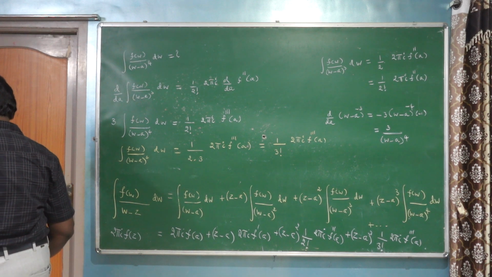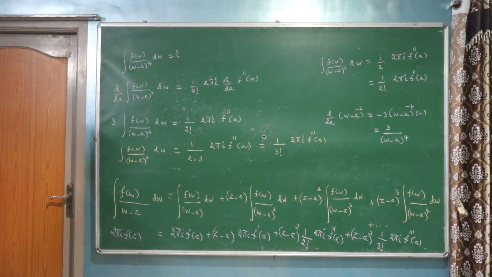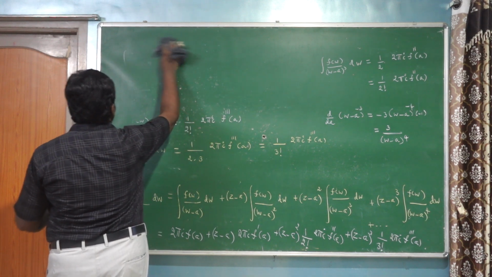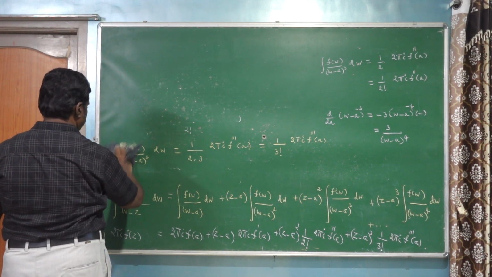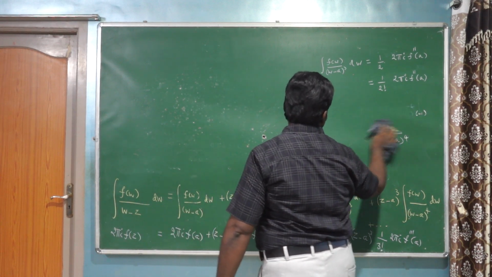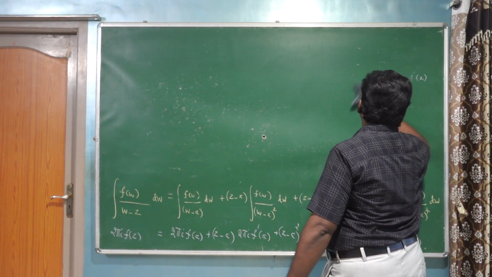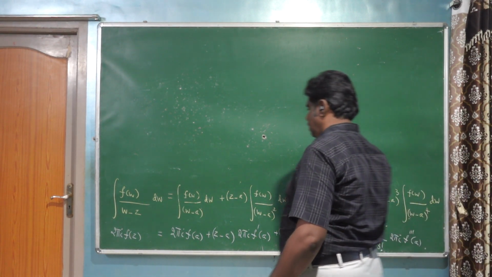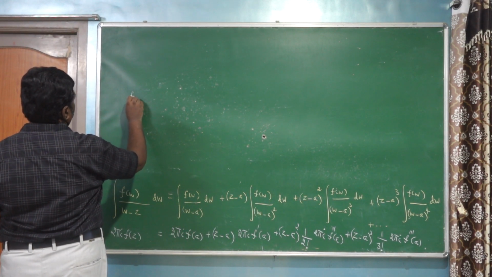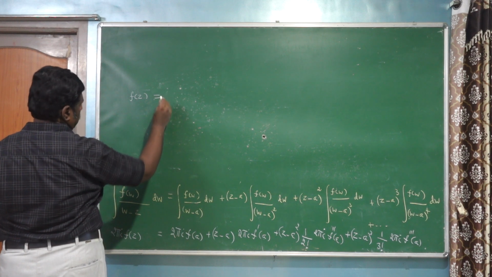Now we cancel 2 pi i on both sides, then we will get the entire series. On the left hand side, f of z is the term.